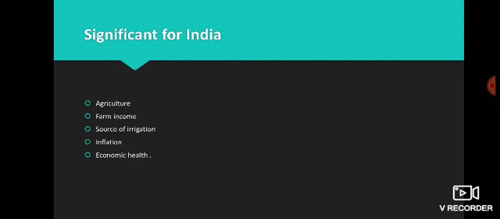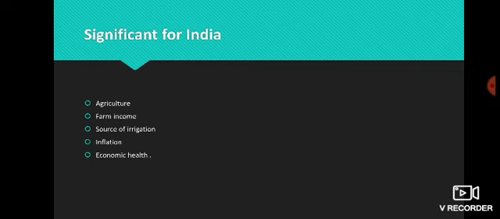So if monsoon is affected, or if we know something about monsoon, that will definitely be helpful for India. In order to protect our agriculture, or in terms of our farm income, this kind of information is very important for India. That is why we made a partnership with the UK.